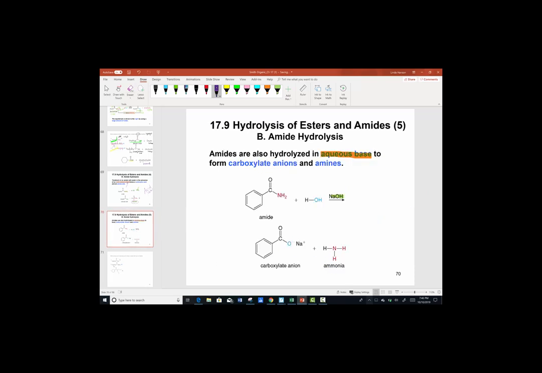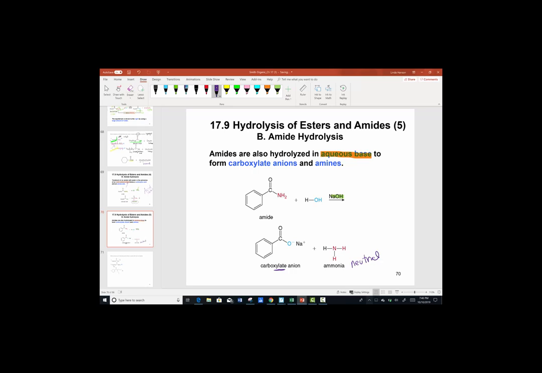But when I flip the page here, and now in the second, it clearly says with a basic catalyst, that amide turns the carboxylic acid into the ion, and what's neutral is the ammonia.